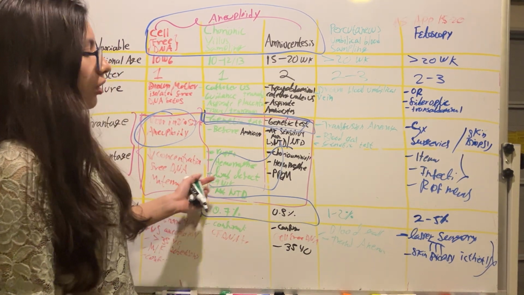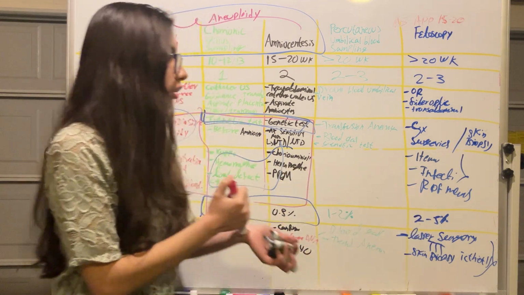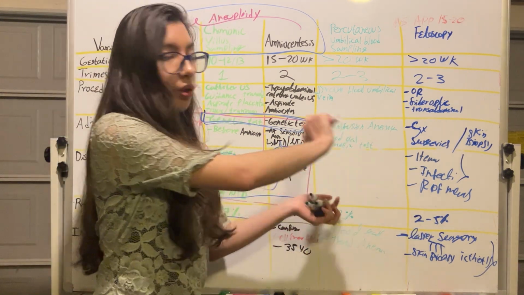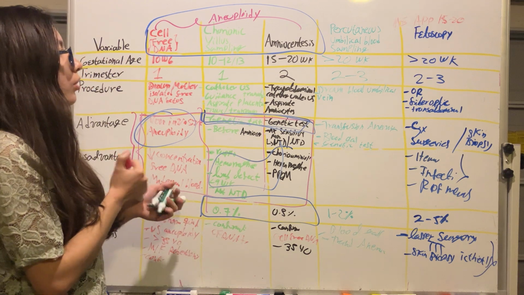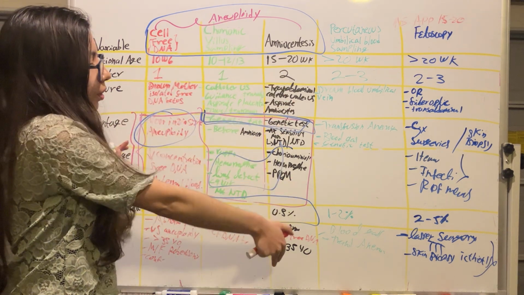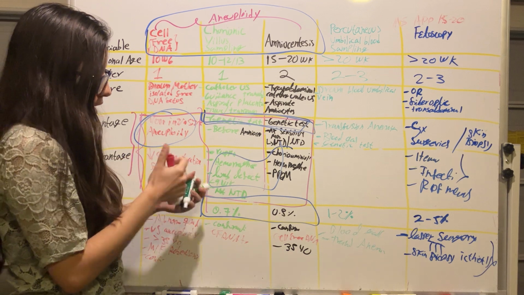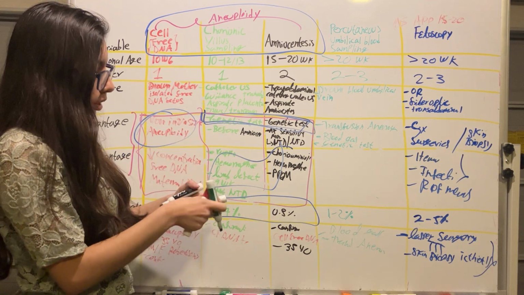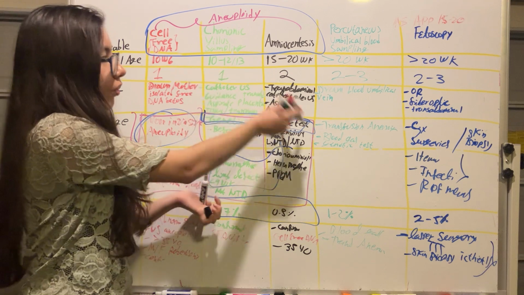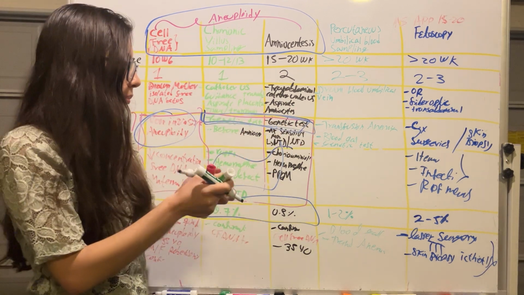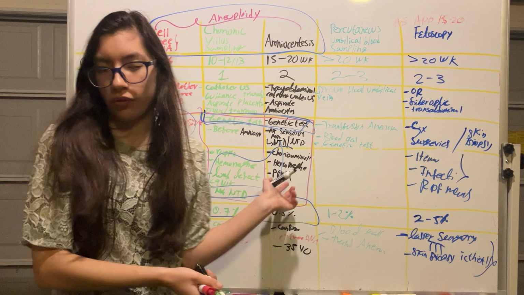Pregnancy loss with fetoscopy is the highest, 2 to 5%, which is some procedures sometimes we do. But just concerning aneuploidy, the highest rate of pregnancy loss is with chorionic villus sampling, but this is done before amniocentesis, which has a pregnancy loss rate of 0.5%.